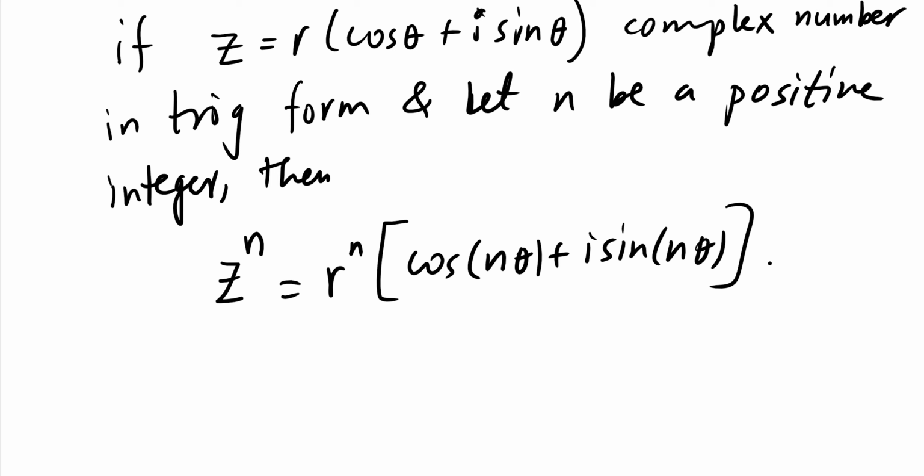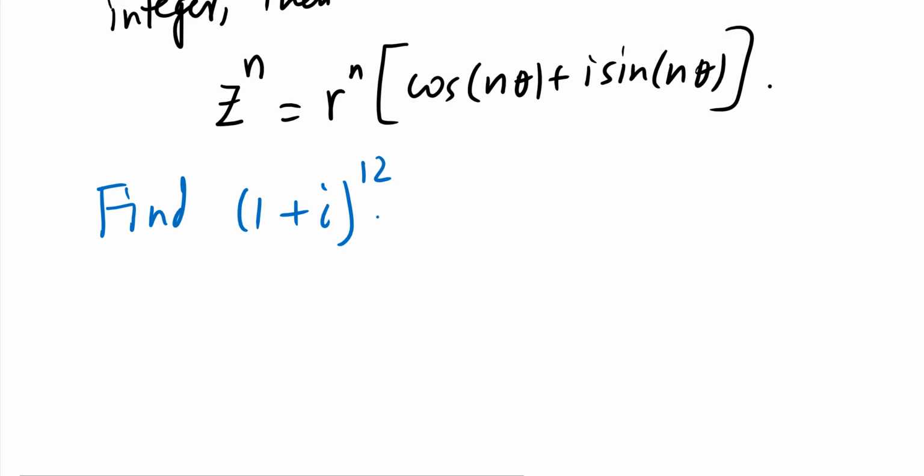For example, if we are asked to find, let's say, 1 plus i to the 4th power, or even 12th power, imagine you want to multiply this 12 times. That's going to take a lot of time. But we can use de Moivre's theorem here to help us find this.